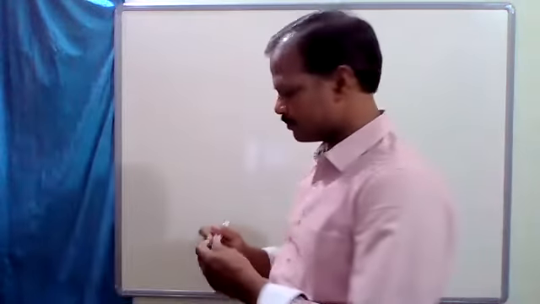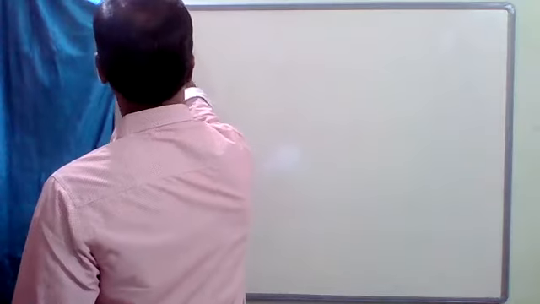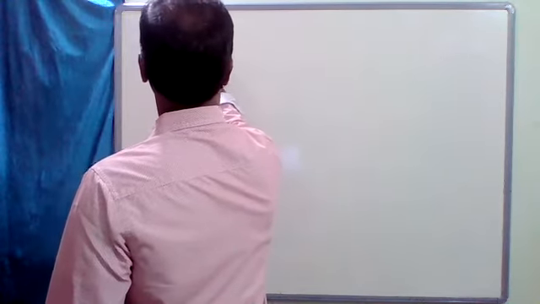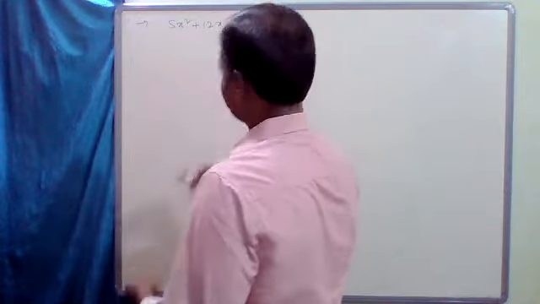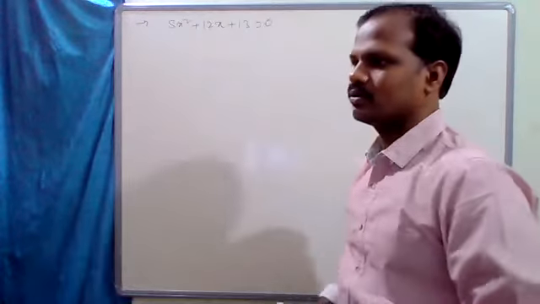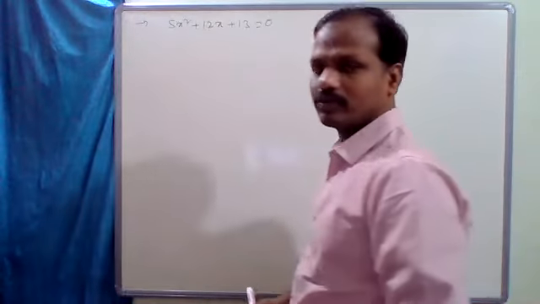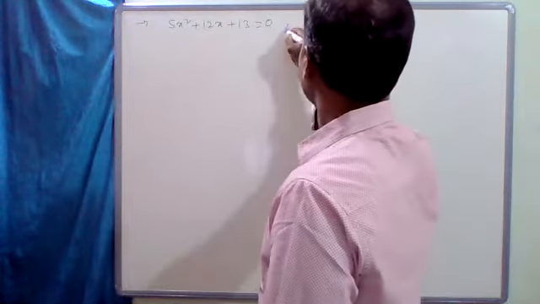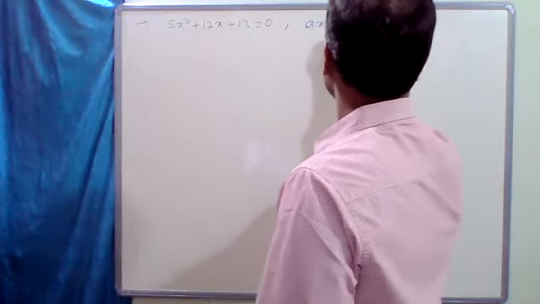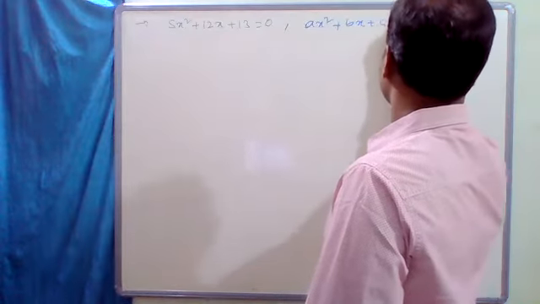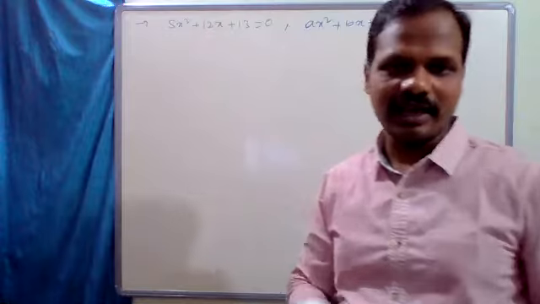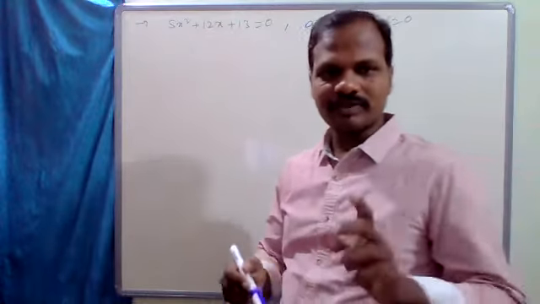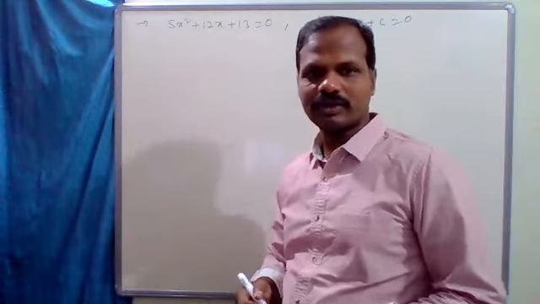So the problem is, if 5x square plus 12x plus 13 equal to 0, and ax square plus bx plus c equal to 0, if these two equations have a common root, okay?